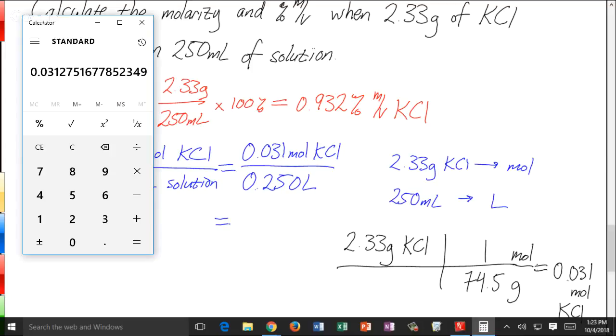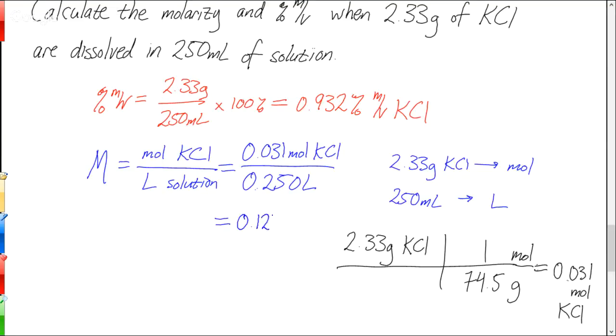So that makes our molarity 0.124. And so we would say we have a solution that is 0.124 molar KCl. You wouldn't multiply it by. Right, because this is not a percent. So you would not multiply it by 100. Molarity is not a percent, it's just the molarity.